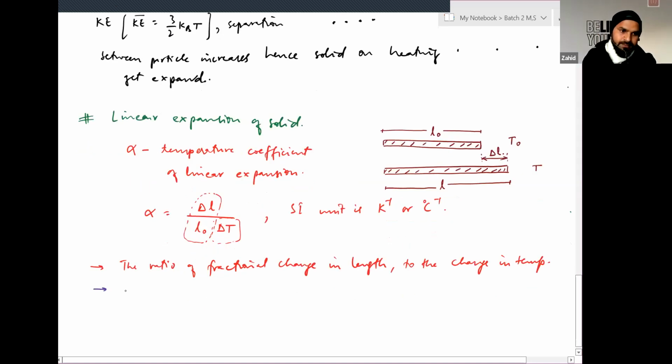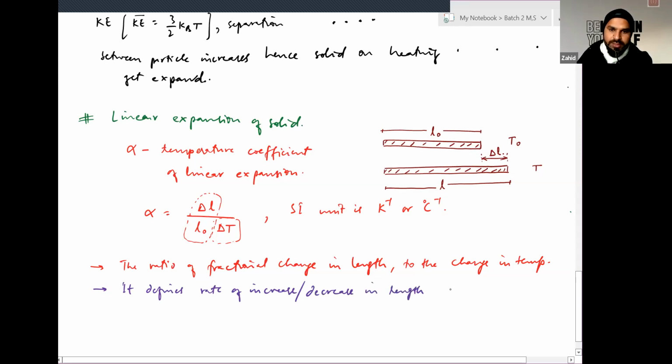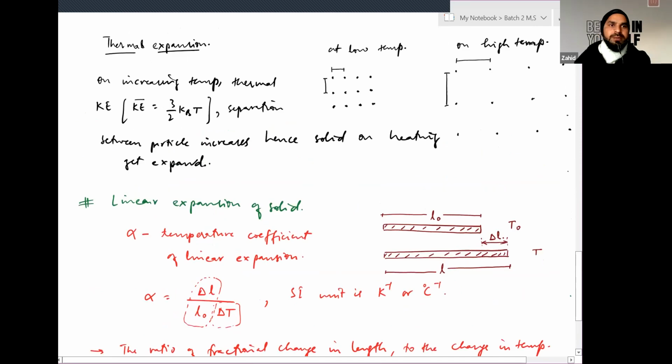So you can say it defines a rate of increase or decrease in length with respect to change in temperature. Just write it down to this part first, then I'll explain.